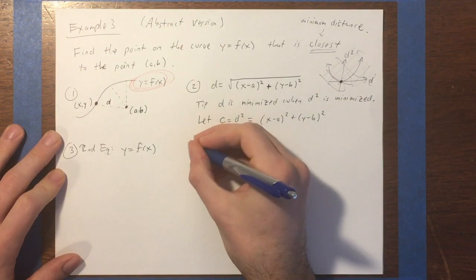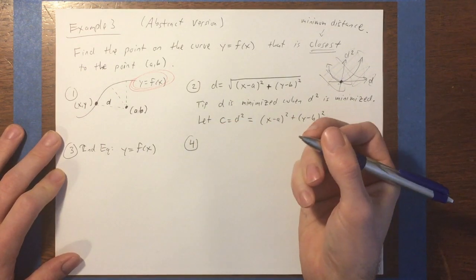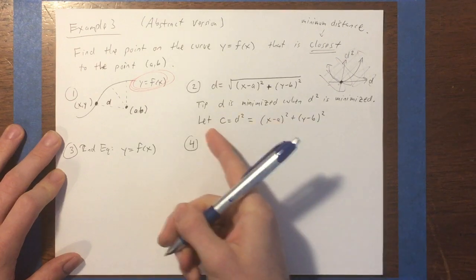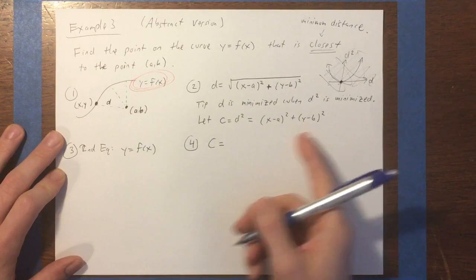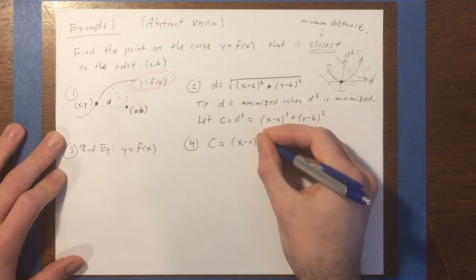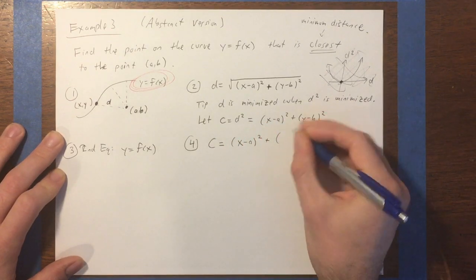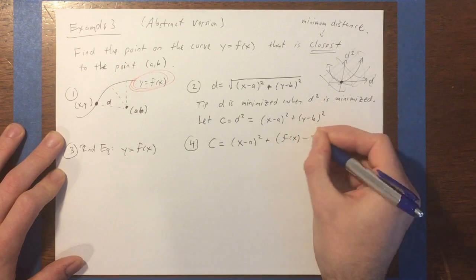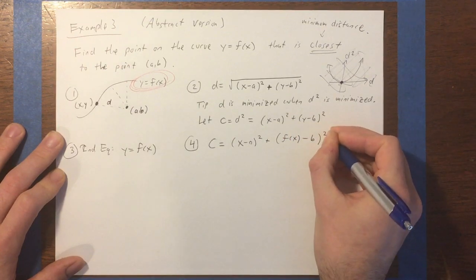So then, in step 4, when you're doing the substitution, we're going to take our C value we've got, and we're going to replace the y with f of x. So instead of y in here, we're going to have f of x minus b squared.